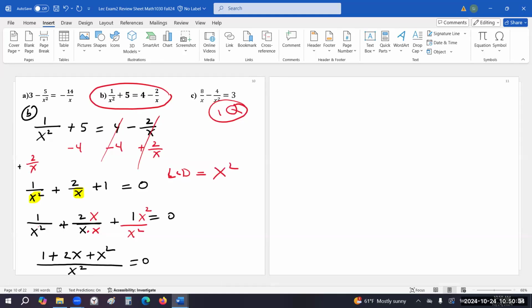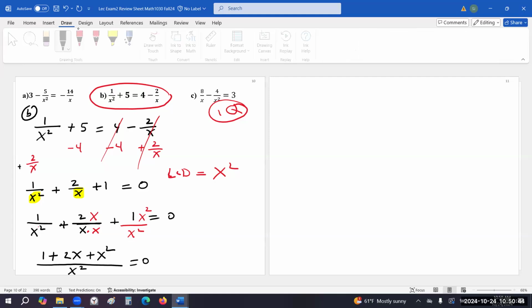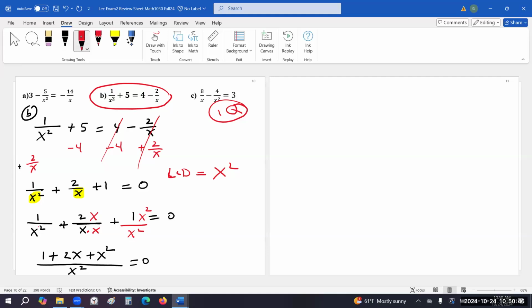But you're not done. It's just solve for x. Is our x alone? No, right? So we have a denominator, and this time we need to get rid of the denominator. How? Not square root.